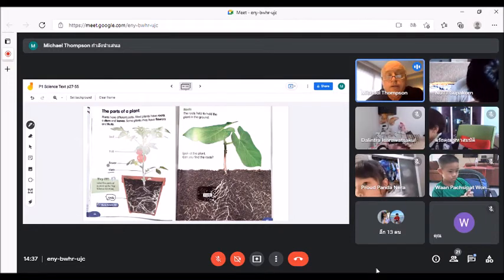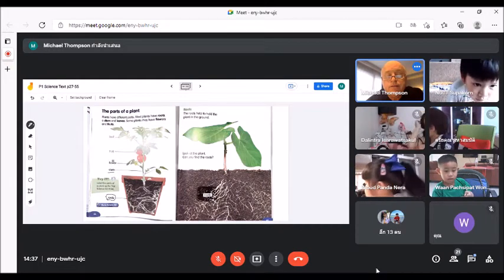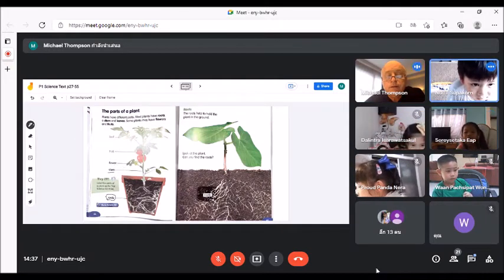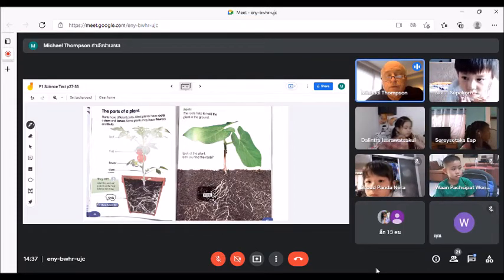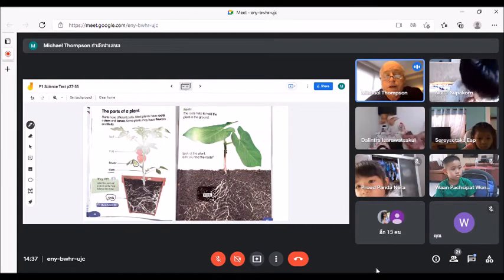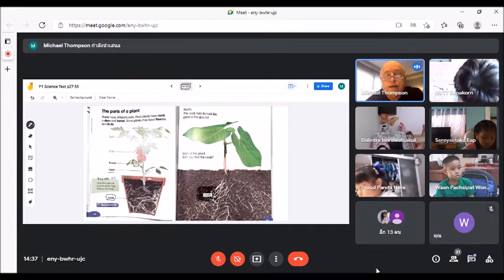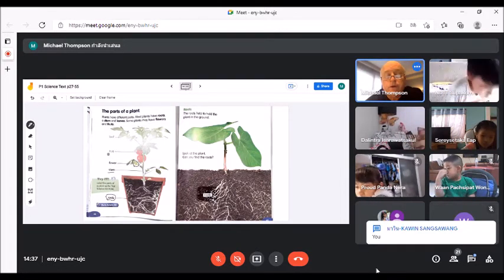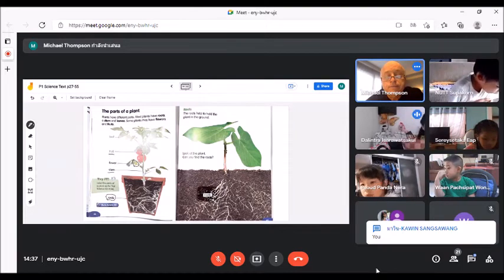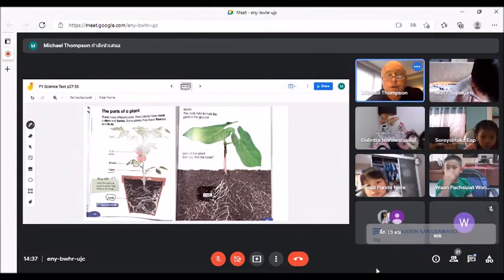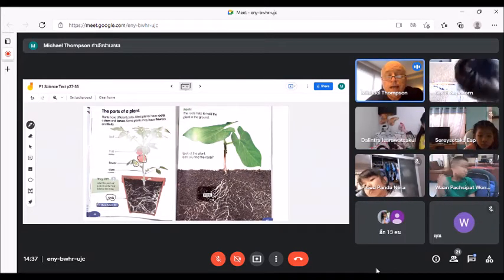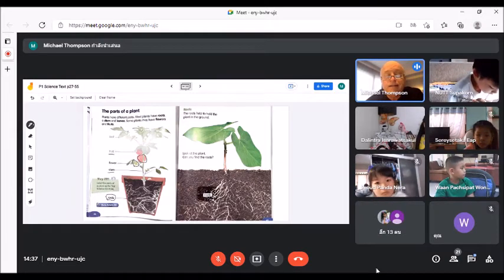What else do we have here? What's this? Flower. Yeah, this little yellow thing right here is a flower. So even on a tomato plant, it's got a flower. And what's this word? A fruit. So the tomato is actually a fruit, they call it, and that's what we eat.